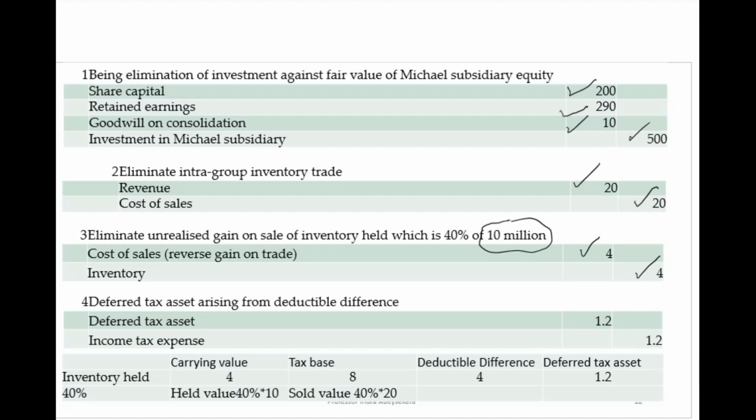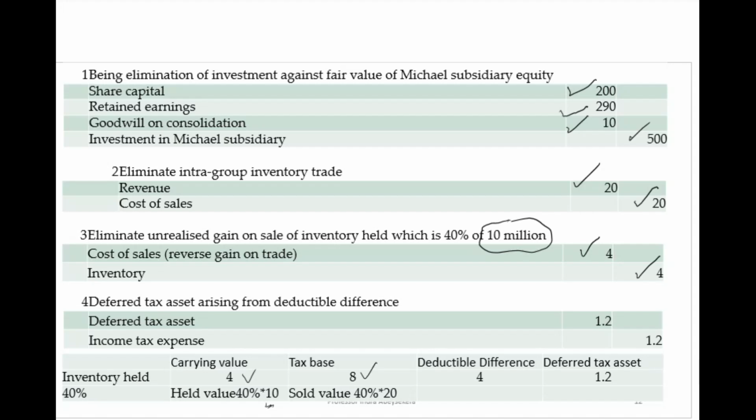If you look at the inventory held, 40% of the inventory carrying value is being held and is 4 million, and the tax base of the 40% of inventory being held, because it was sold for 20 million but only 40% remains, is 8 million.